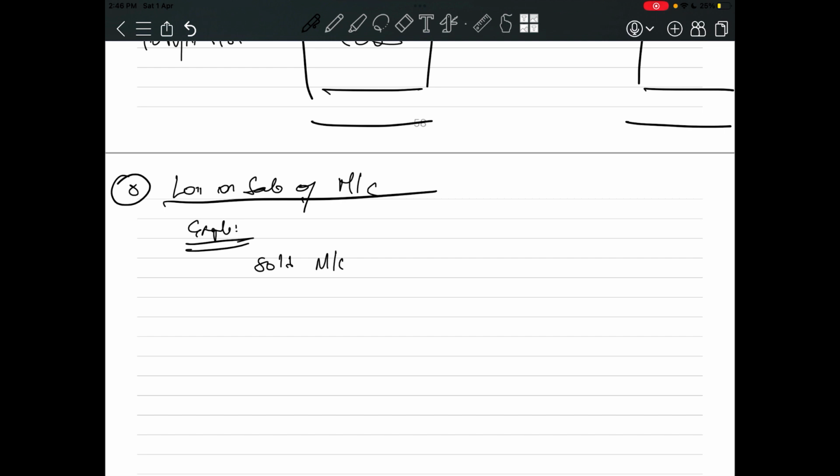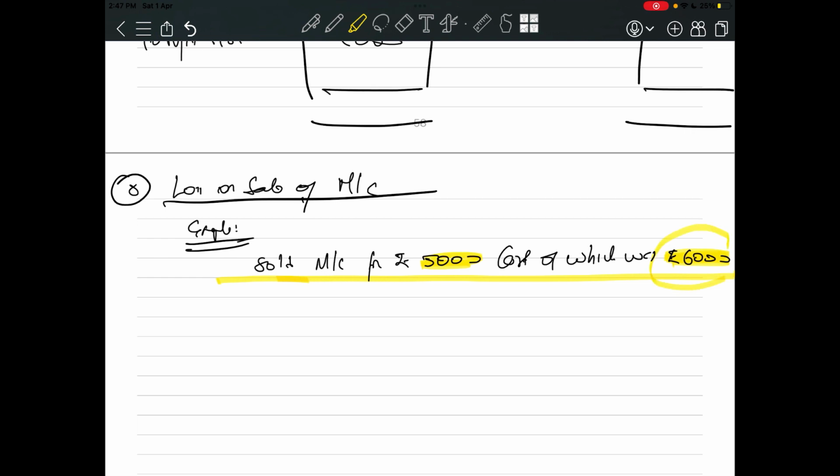Sold machinery for rupees 5,000, cost of which was rupees 6,000. Forget about depreciation as of now. Now see, we have sold machinery 5,000. What was the cost? 6,000. Now we have sold machinery for 5,000, but the cost of the machinery in our books was 6,000.